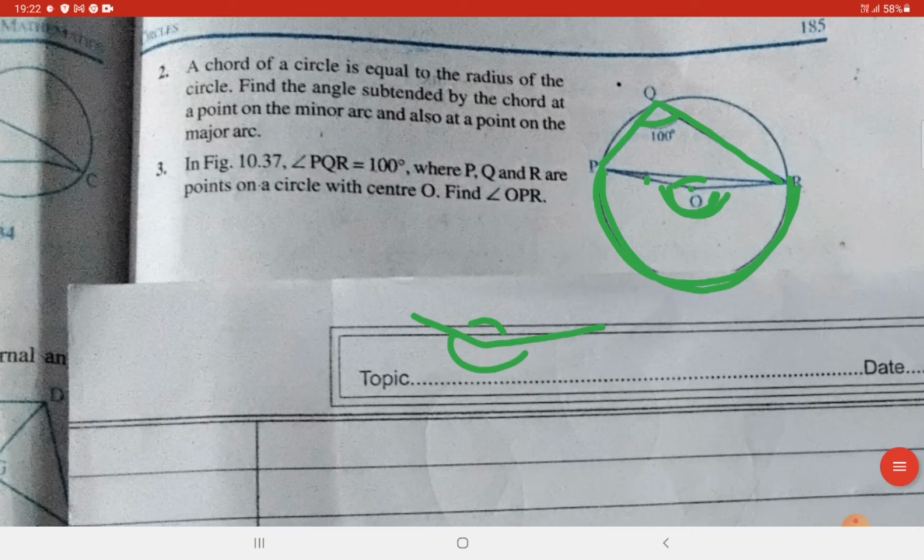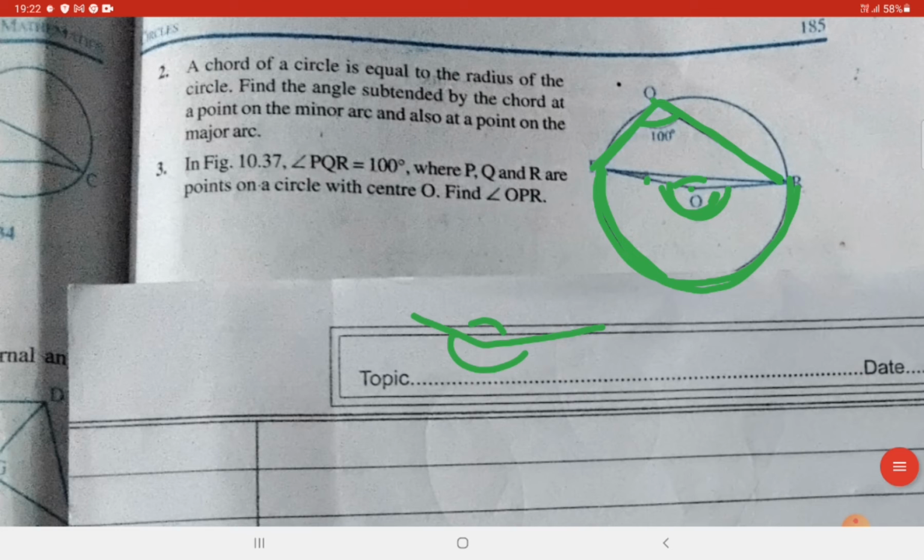And the angle subtended by the same arc PR at the opposite side is PQR. And then by theorem 10.8, angle subtended at the center is double that of the angle subtended by any point on the opposite side.